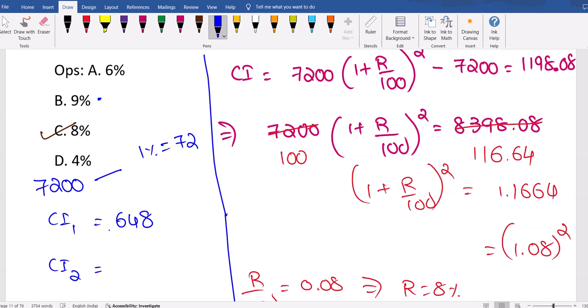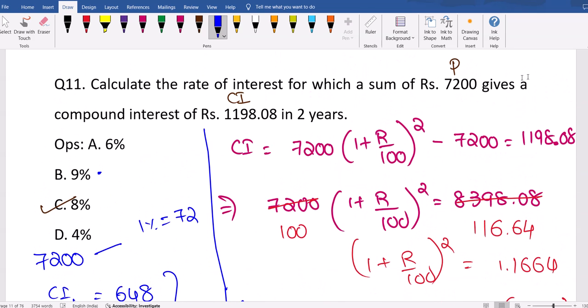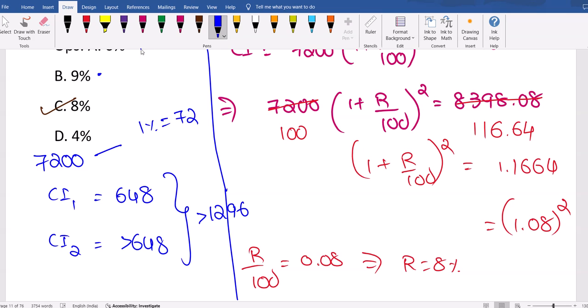Now listen, first year 648, second year greater than 648, combined greater than 1296, but your compound interest is not 1296. We want to get less than that. So 9% is wrong.